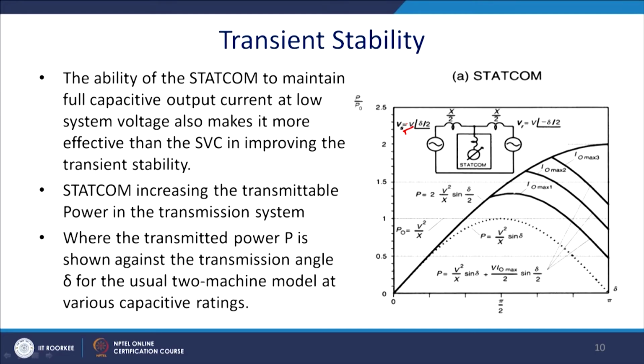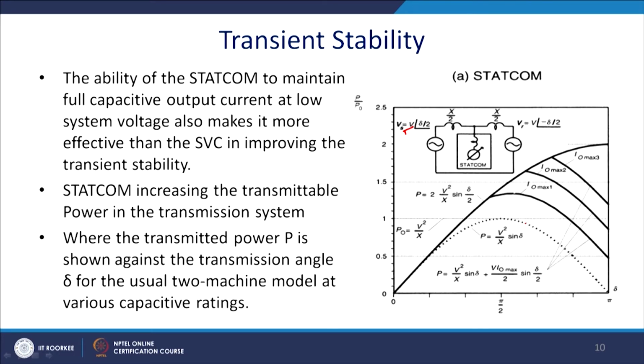Now, let us come to the transient stability. We will consider the two machine model where you have put a shunt compensator at the midpoint. So, we have an angle, delta by 2, and this is a curve. Previously your curve was V square by X sin delta.